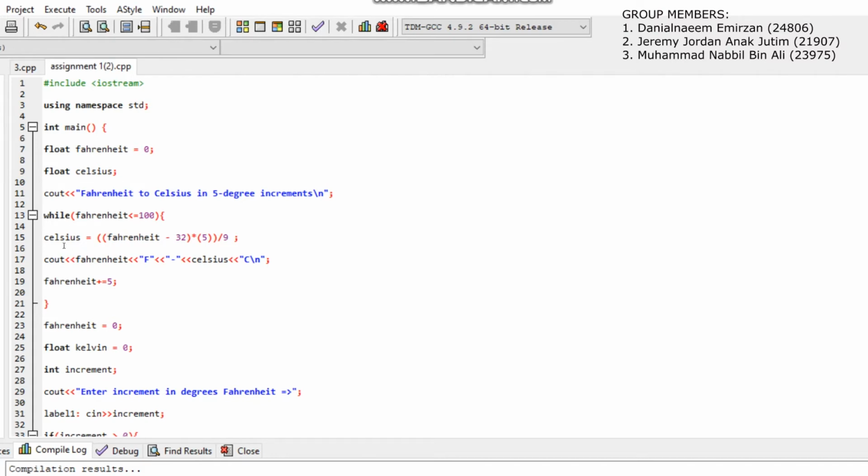And we need to use the equation which is Celsius equal to Fahrenheit minus 32 multiply by 5 divide by 9. So the input is C out equal to Fahrenheit, which is F minus Celsius, and for each increment by 5.